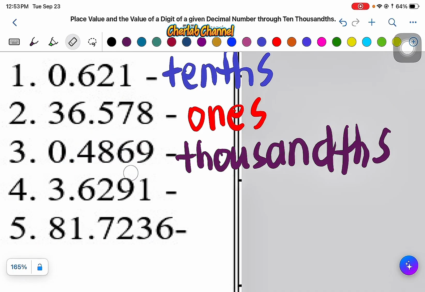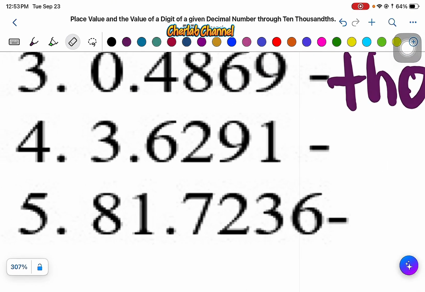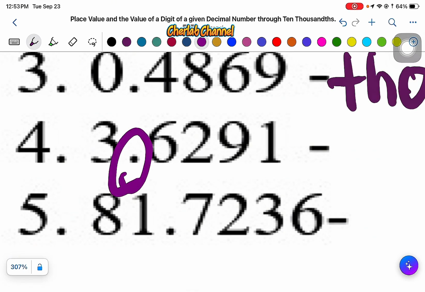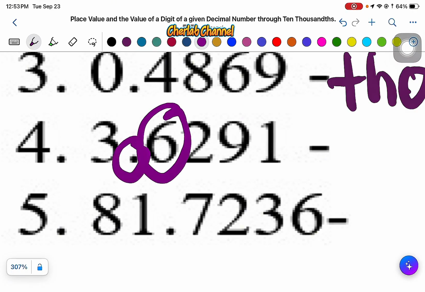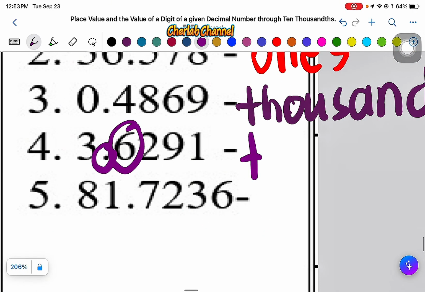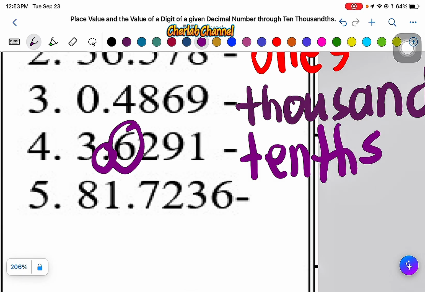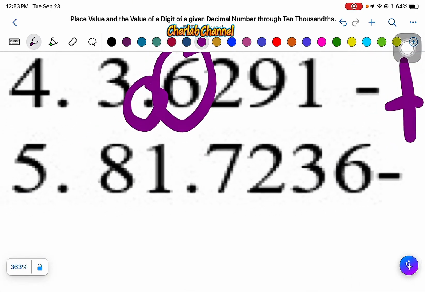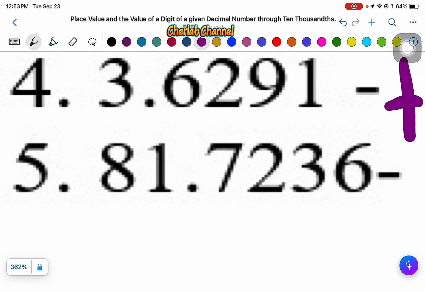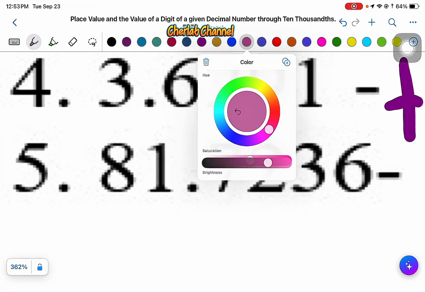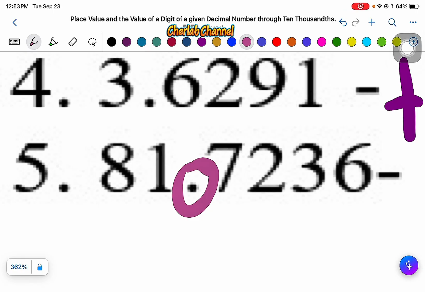THS. And for number 4, we have the decimal point, papuntang kanan again. Since papuntang kanan, si decimal point ang ones, tenths. Okay, so 6 would be in the tenths place with THS. Next, we have the decimal point, and then, papuntang kanan ulit yung hinahanap nating number 6.